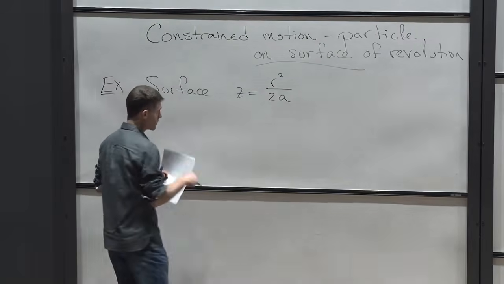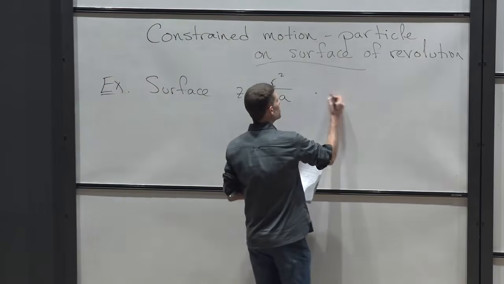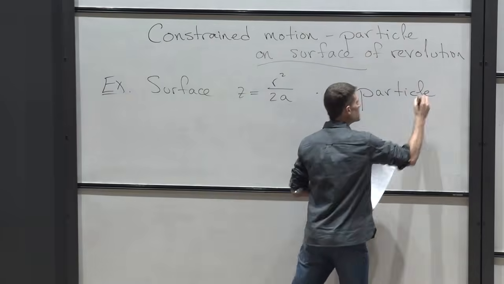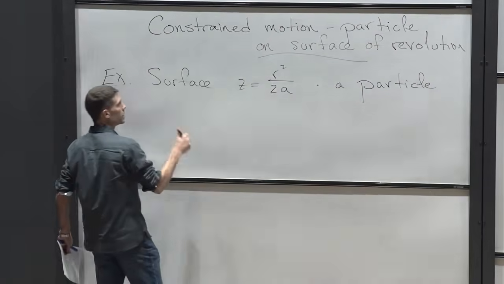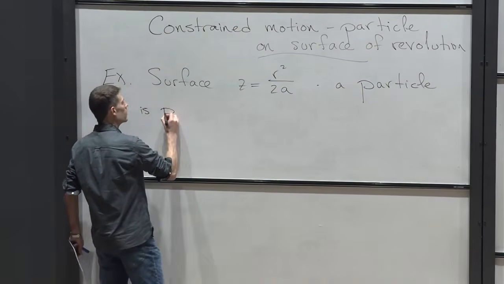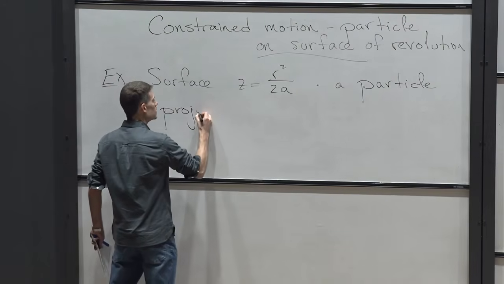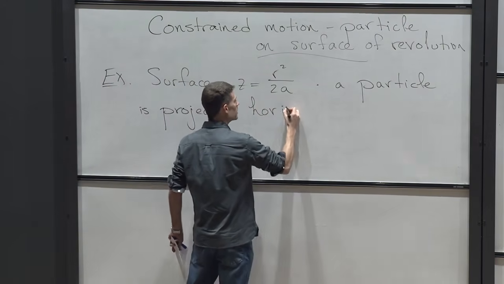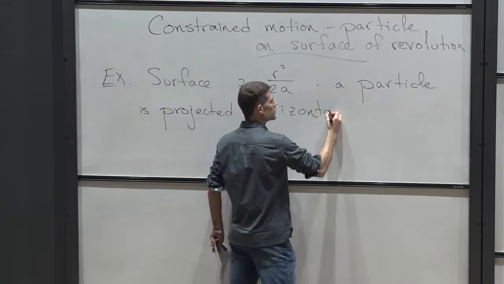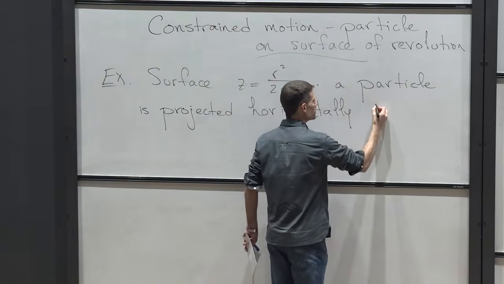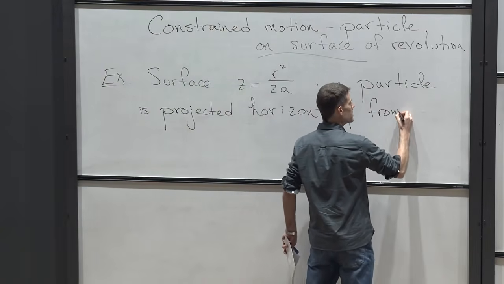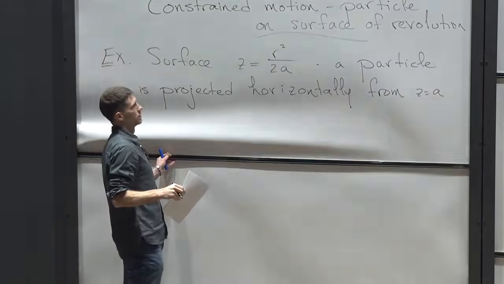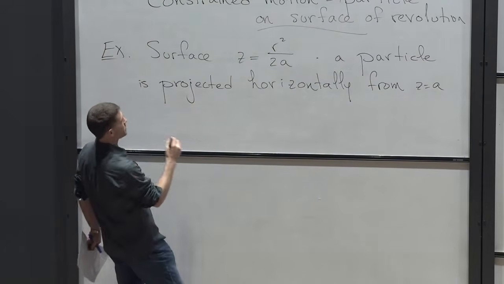A particle is projected horizontally from z equals a with speed v.